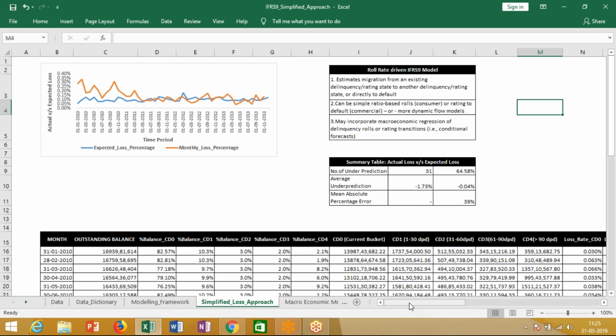We'll develop it using IFRS 9, and then we benchmark each of these two approaches and see which one gave us the better estimate, and what are the pros and cons of the ECL computed with these two approaches. That is something we will be looking into, right?